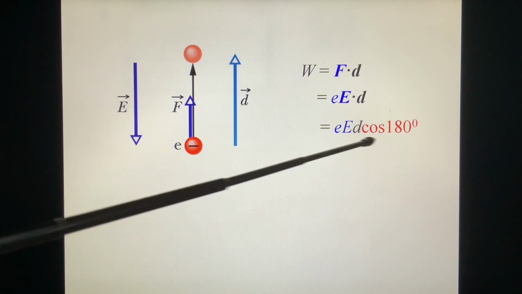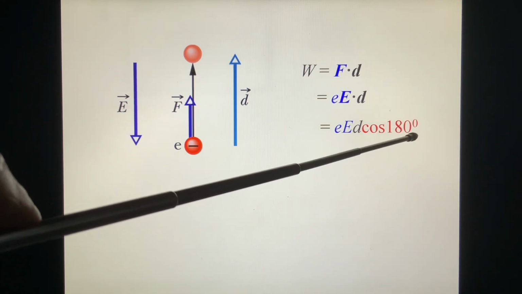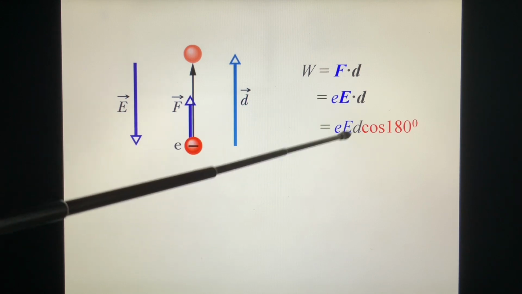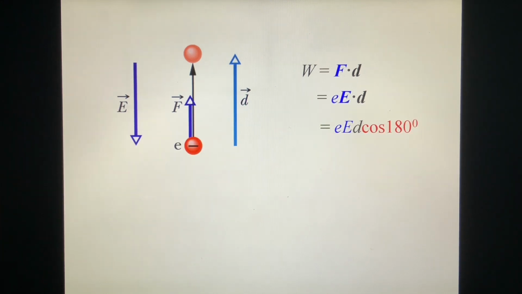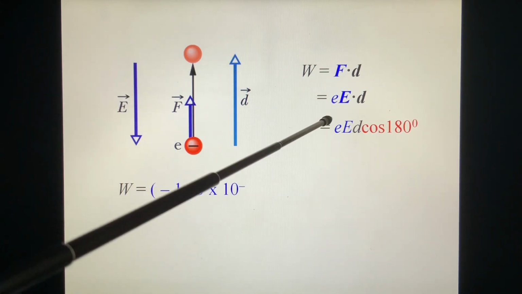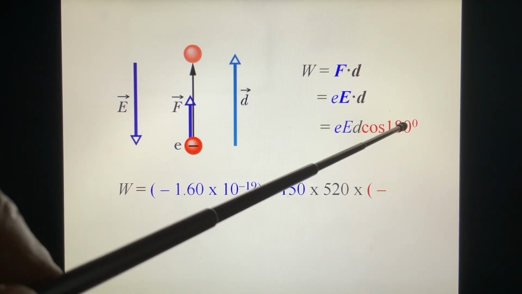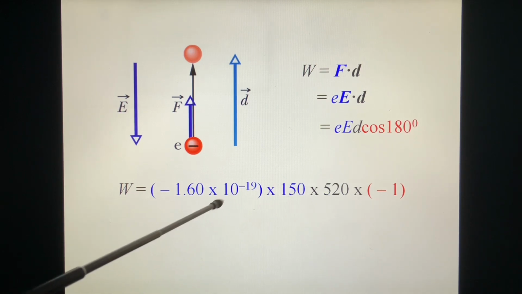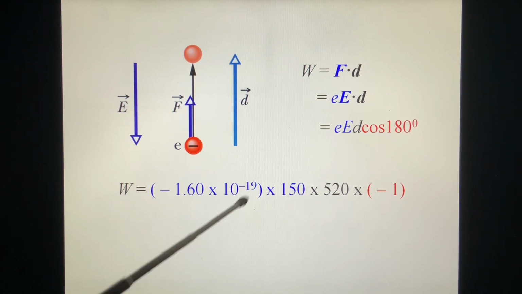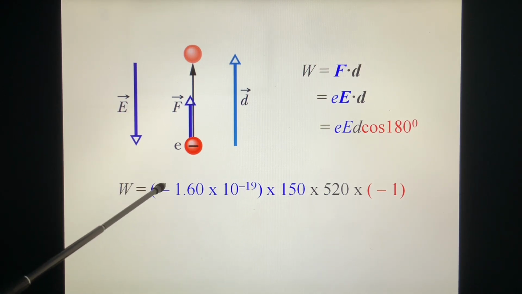So E dot d equals E d cosine 180, and cosine 180 is minus 1. So W equals minus, this is minus, two minuses to get a positive, okay? Now, this is the electric charge on the electron, a negative number.